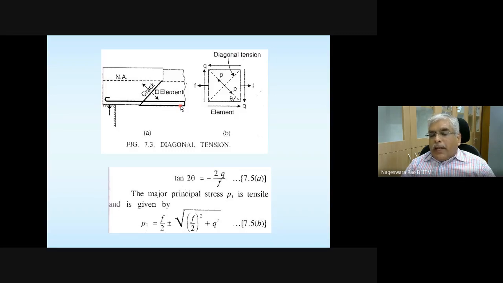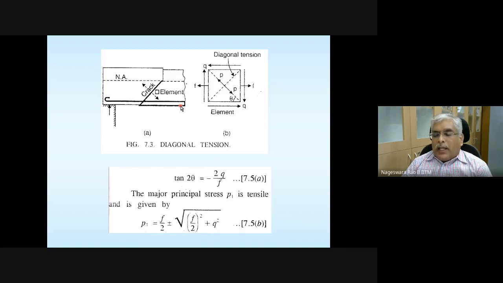Whatever I just explained to you, for a homogeneous uncracked beam, you calculate the shear stress and normal stress at various locations along the depth of the beam, taking a section.